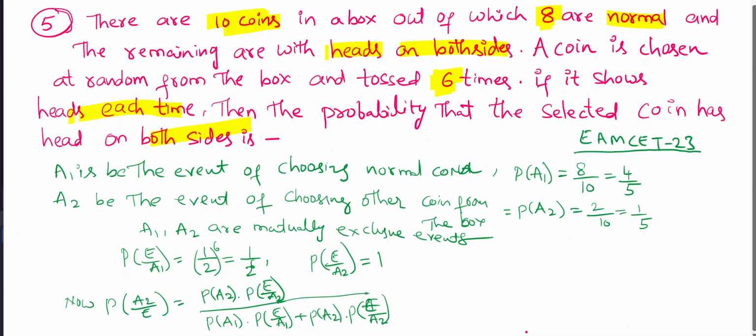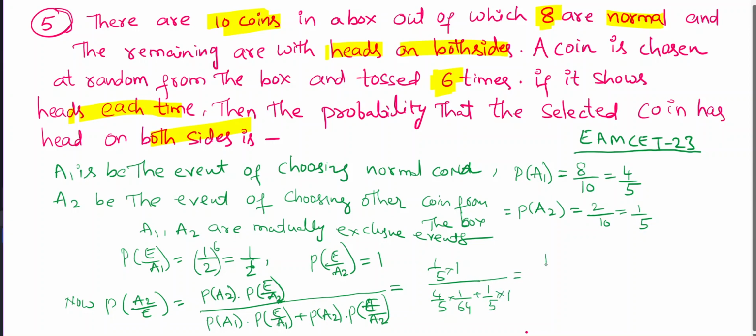Substituting all these values in this Bayes theorem, this is 1 by 5 into 1 by, P of A1, that is 4 by 5 into 1 by 2 power 6, that is 64, plus 1 by 5 into 1.